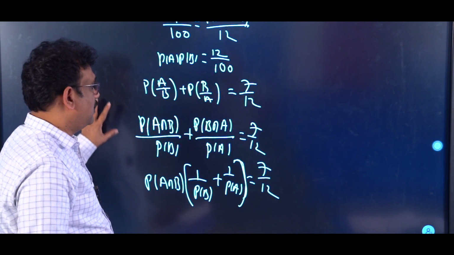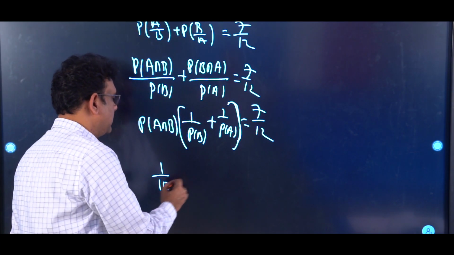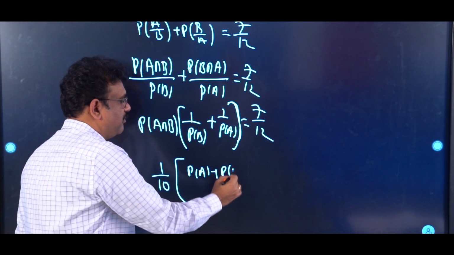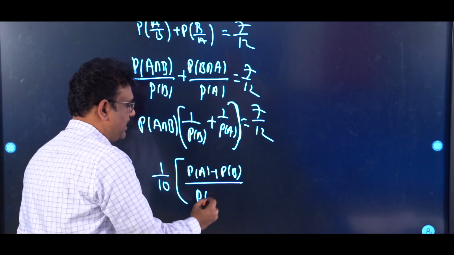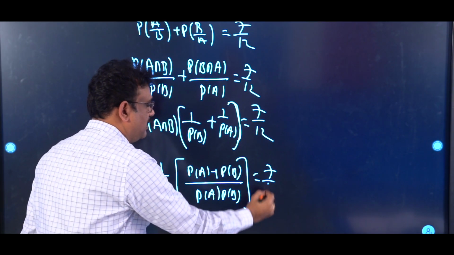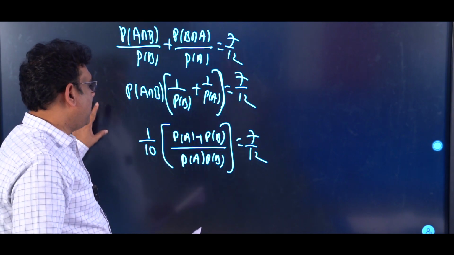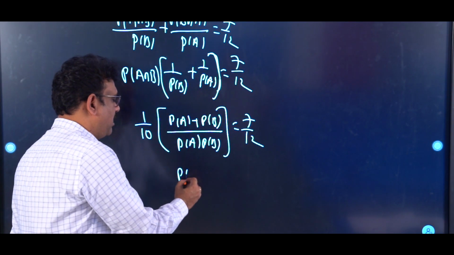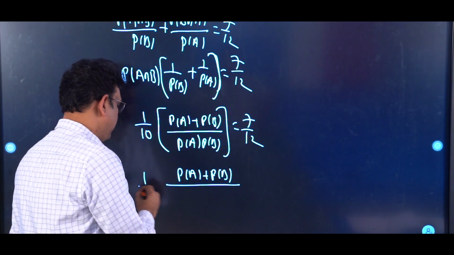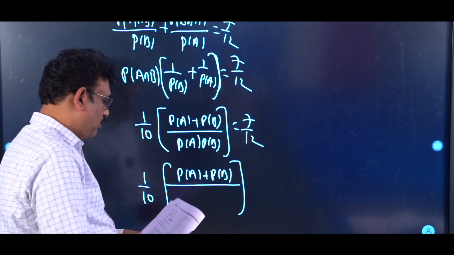So that is equal here: 1 by 10 into P(A) plus P(B) by P(A) into P(B) is equal to 7 by 12. Now P(A) plus P(B) by 10 into P(A) into P(B), how much?